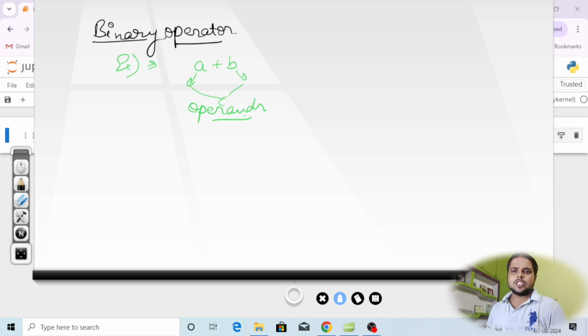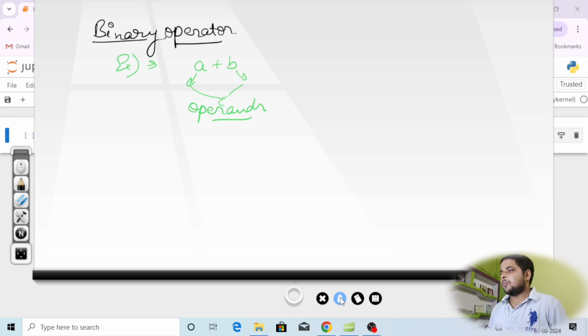These are of many types: arithmetic operators, expression operators, logical operators, and many more. In this class we will discuss only arithmetic operators. First we will discuss the theory part of the arithmetic operators, then we will take a program on these operators.